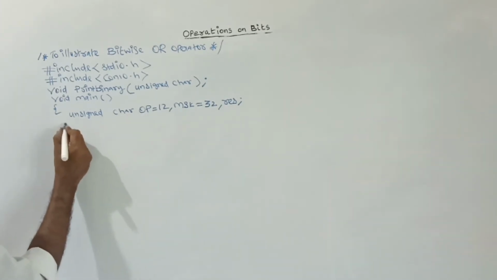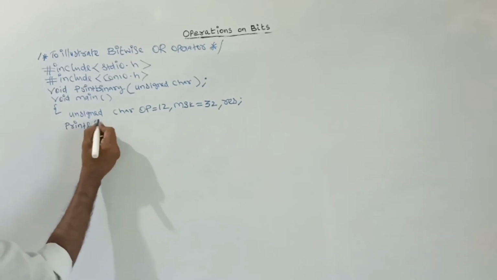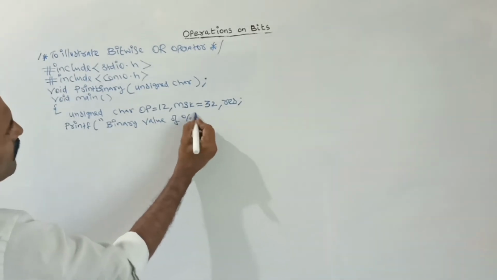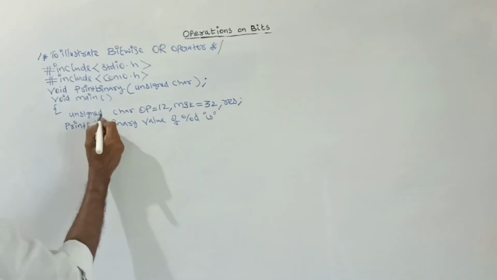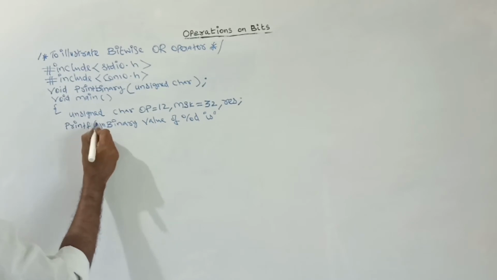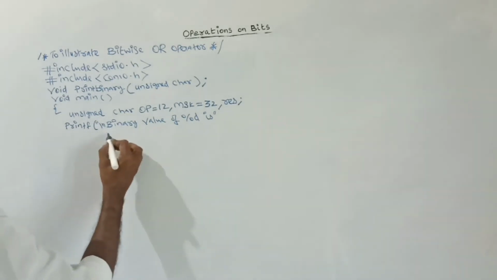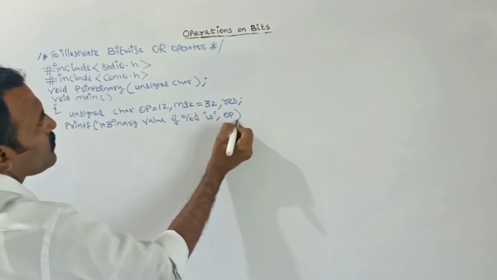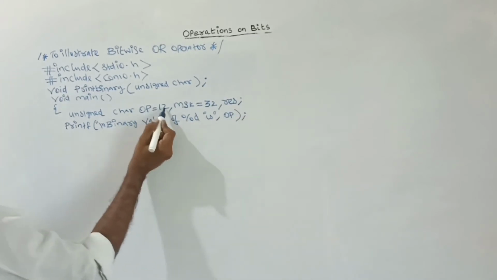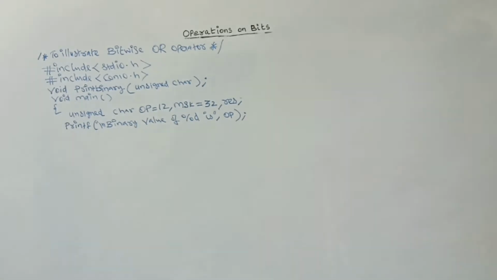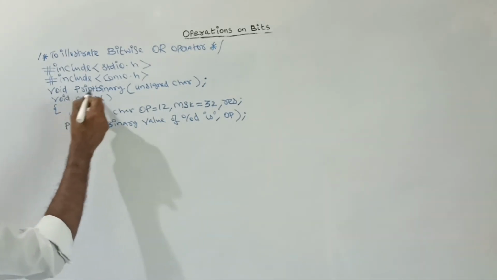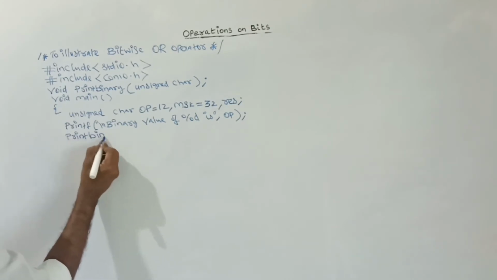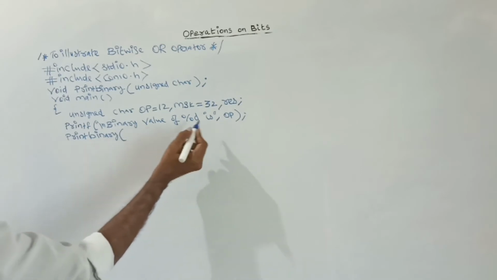So here printf, give /n before the message, binary value of percentage d is, comma op. So the data inside op will display. Next I am calling the user defined function print binary, and I am passing the value op.